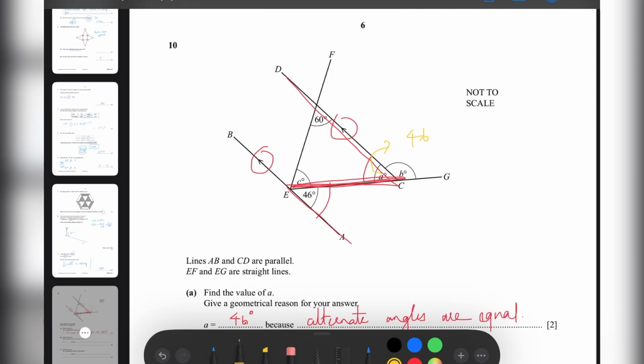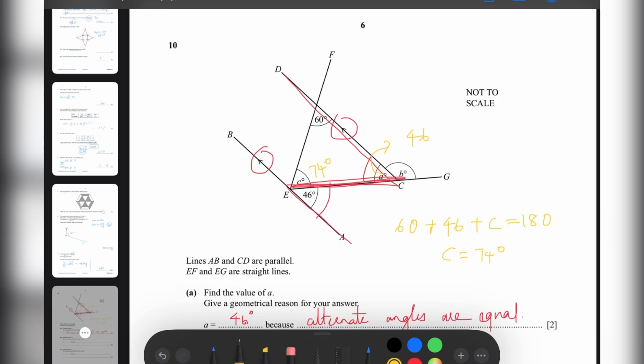It's 180. So 60 plus 46 plus C is equal to 180. So what is the answer? It's 74. So the value of C is 74. So I'll write 74 here. Okay, so angle sum property.